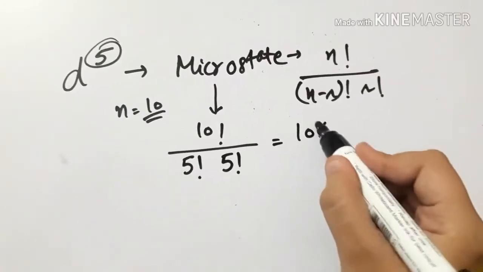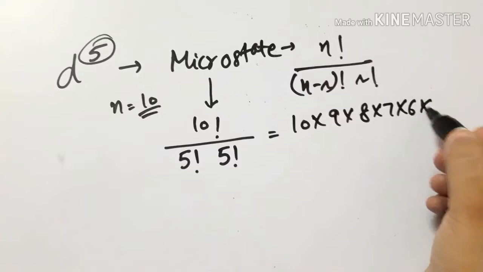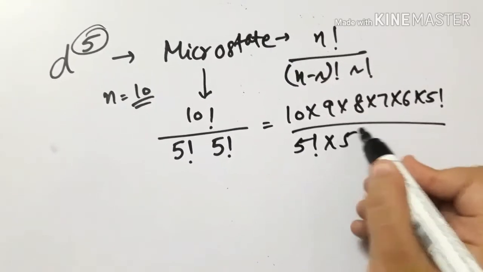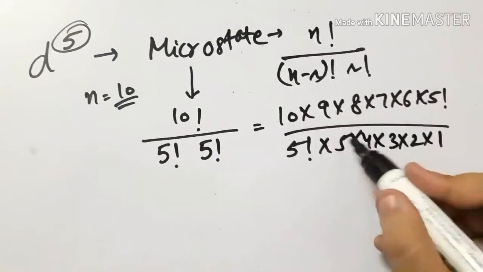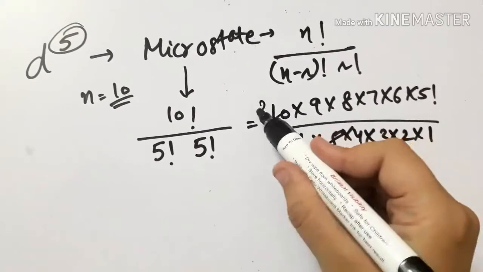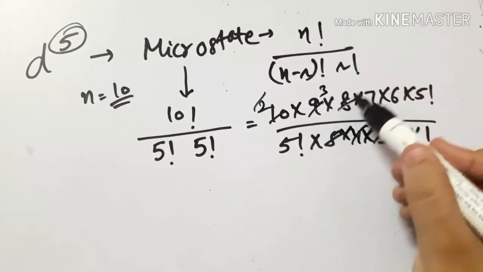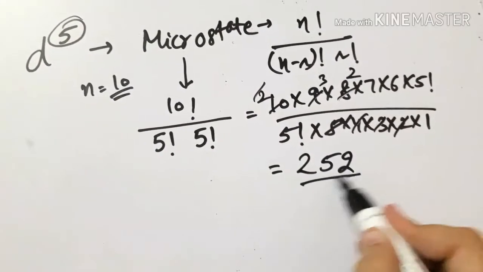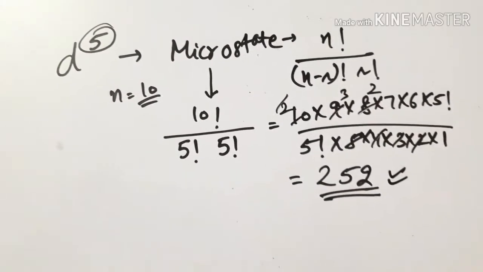So this is 10 into 9 into 8 into 7 into 6 and 5 factorial upon 5 factorial into 5 into 4 into 3 into 2 and 1. So this comes out to be 252. That is the value of microstate for D5.